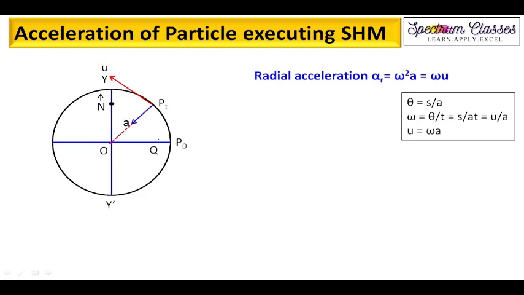The acceleration of this point Pt is in the direction towards the center of the circle, and the magnitude of this acceleration is omega square a, which is represented by this blue arrow. And this is a radial acceleration, and its direction is towards the center of the circle.